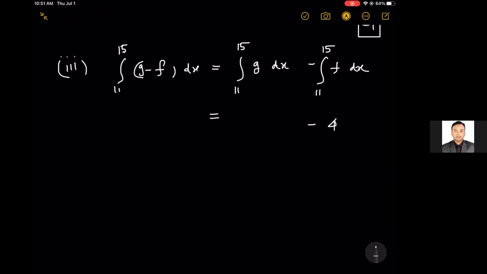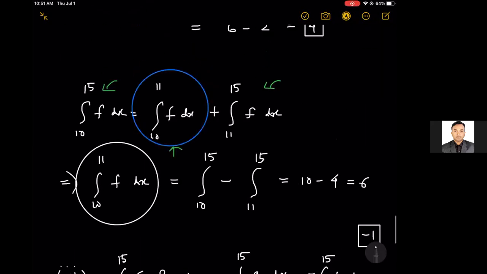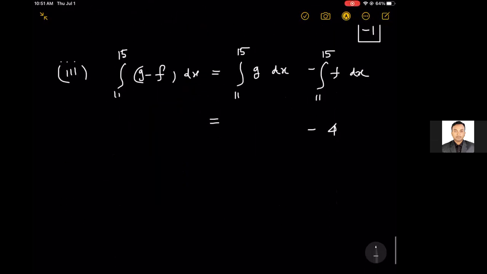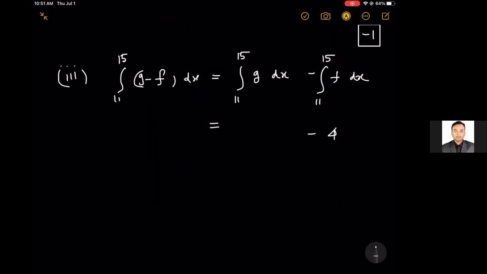But we need the value from 11 to 15 for g. We don't have it, or do we? I don't think so. So we need to find it again, the way we did it for the other function in the previous problem.